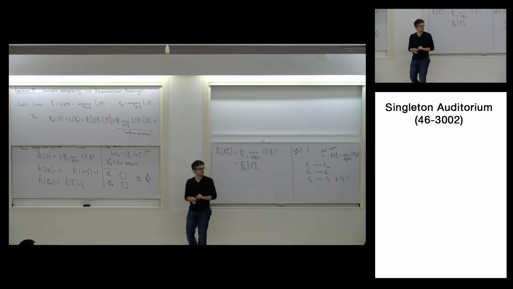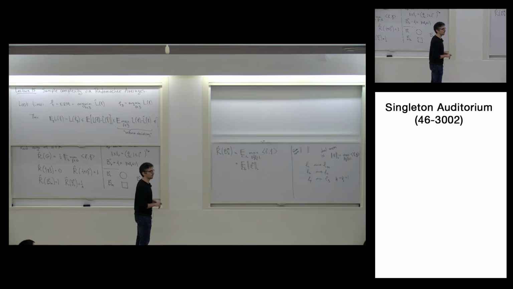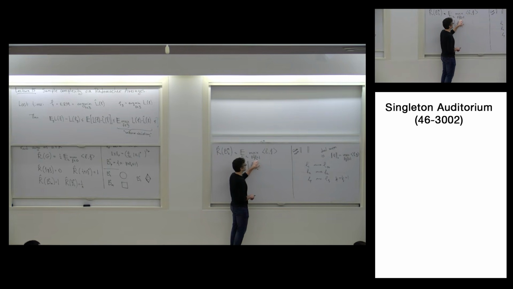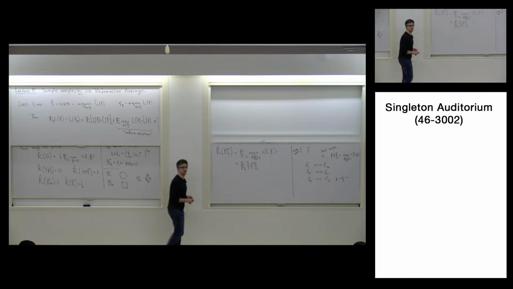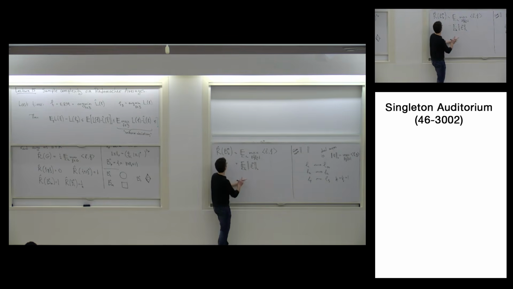Nope, there is no square. But it's unit, so you normalize by the length. Okay, what? Oh, I forgot 1 over n. Sorry. Please put this in your notes: 1 over n.